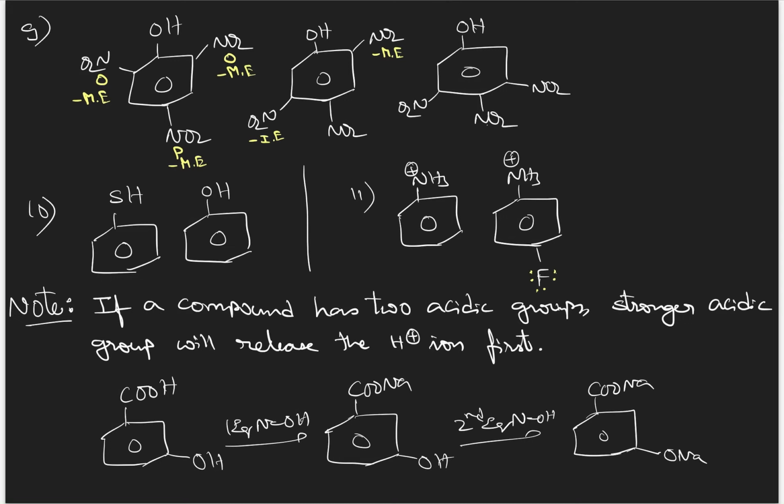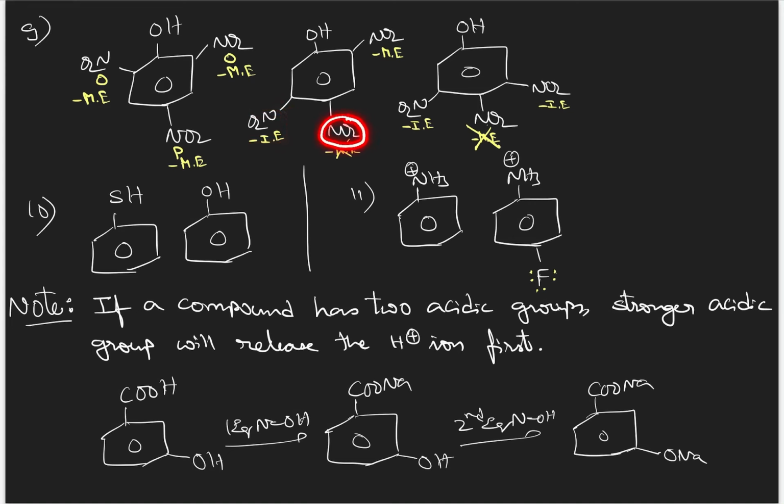Understood the point? Negative mesomeric effect, no. And here negative inductive effect, negative inductive effect, negative mesomeric effect strongly objected. Here at least to some extent maybe negative mesomeric effect can be there, because only one ortho substituent is there.